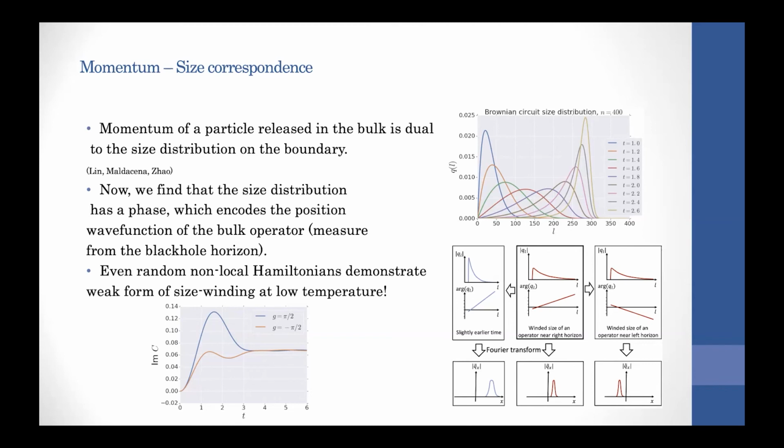But now we have not only the size distribution, we have a phase. So it really suggests that this winding size distribution is the momentum wave function of the particle falling in the bulk. And from that, you can read the location in the bulk because the phase of the momentum wave function is really the location of the particle.